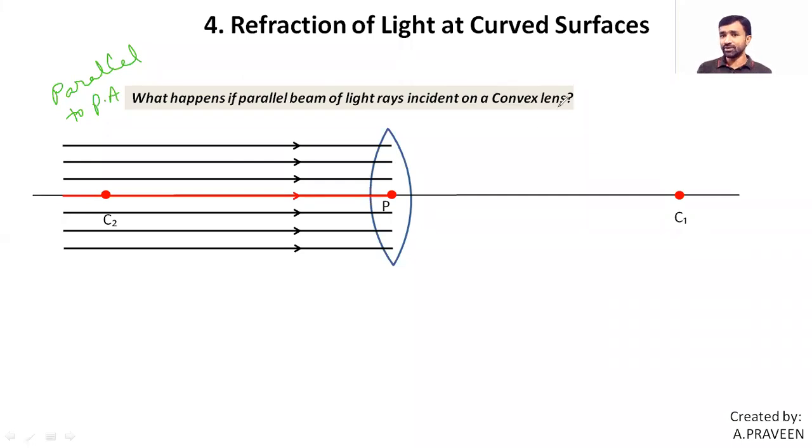Can anybody guess the behavior of light rays? Sir, they all converge at a point. Can you explain how they can converge, based on the point you learned? They bend towards the normal or away from the normal when they change medium.